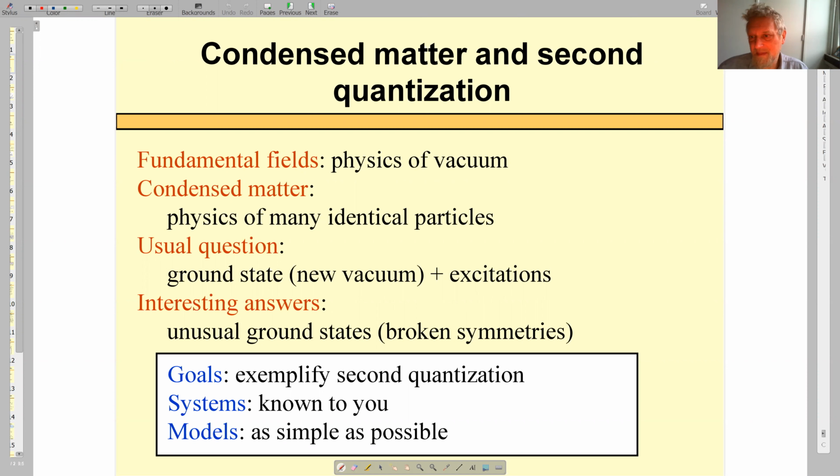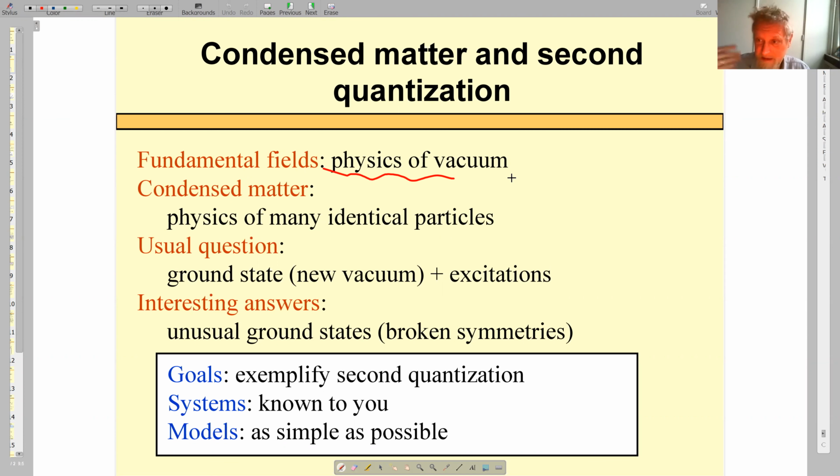Right, we could study that, but frankly, it is a bit boring. Because what we're interested in is it's one vacuum in all points of our universe, and vacuum is empty space.